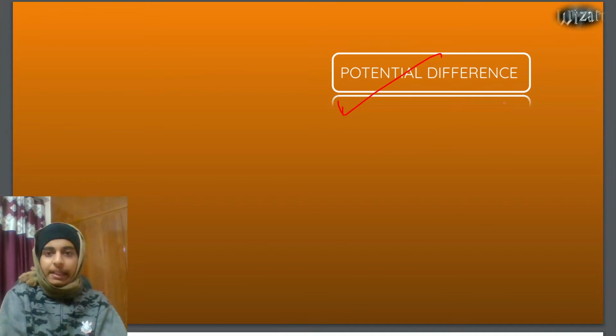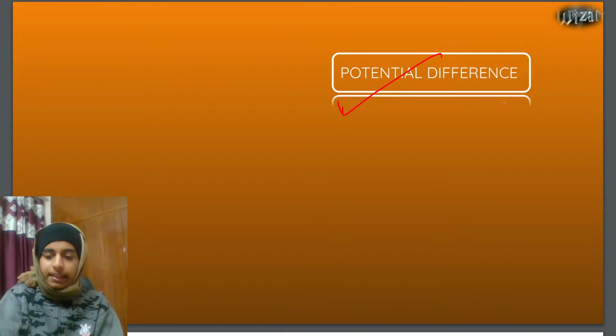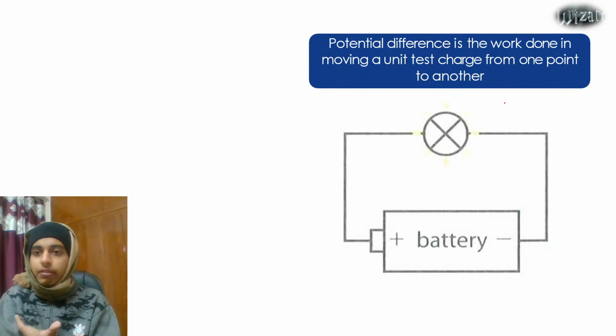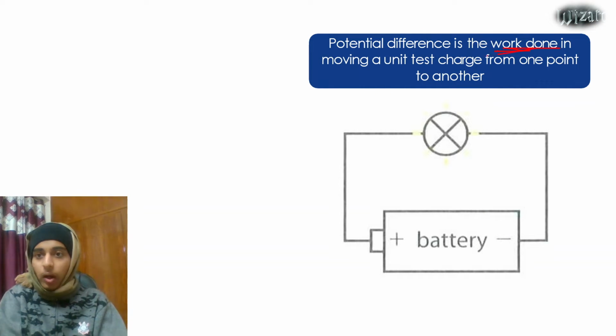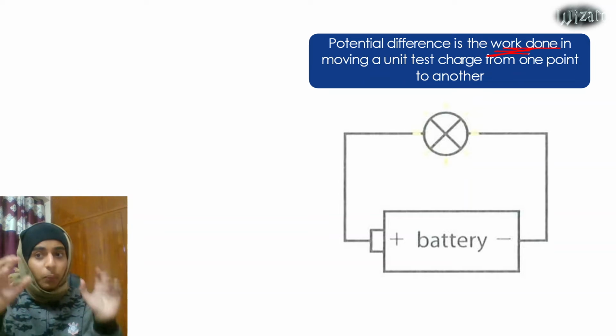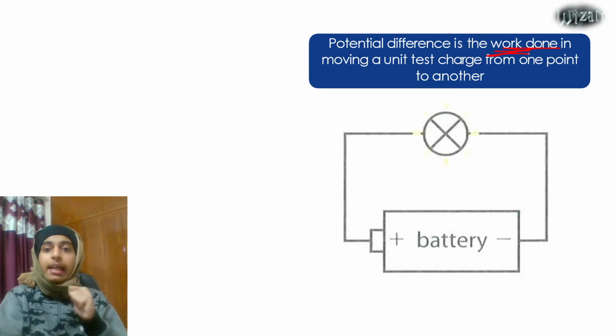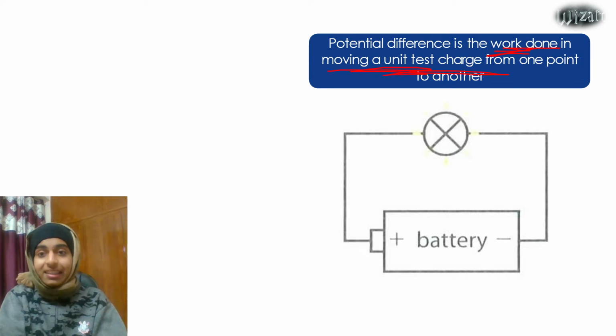So now I'm getting started with the potential difference, as I told you. Potential difference is the work done, when we are applying some efforts in moving a unit test charge from one point to another.